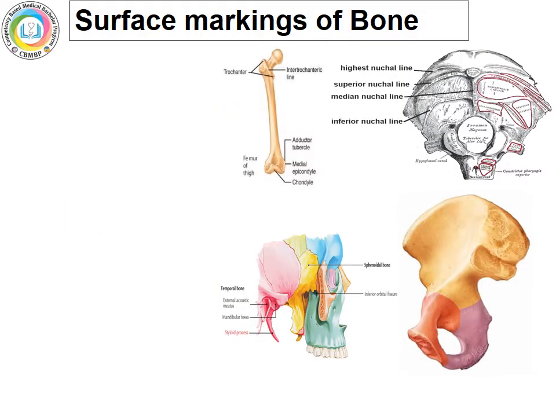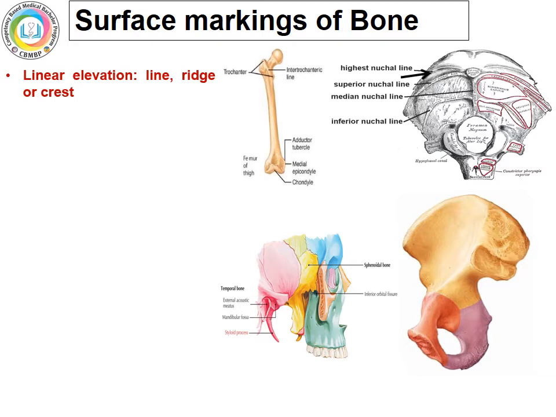Now let us see the surface markings of bone. On the surface of each bone, I can see some landmarks: elevations on the surface of the bone, depressions on the surface of the bone, or openings or perforations. Number one, elevations. It may be a linear elevation, called a line or ridge or crest.